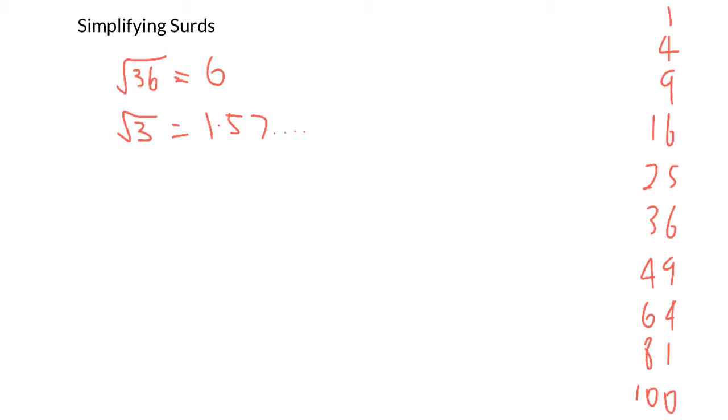So we are going to use the fact that a surd is actually a fractional power. That's our biggest tool to simplify these. We don't necessarily write them that way all the time, but that's why we can do what we're about to do. So if I've got the square root of a, a non-square number, in fact this works for any number, but for our purposes, let's say it's a non-square number, that's the same as a to the power of 1 over 2.